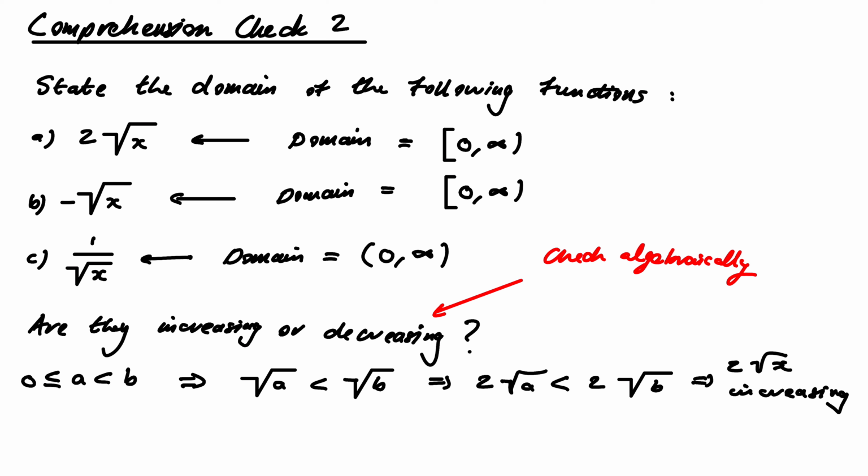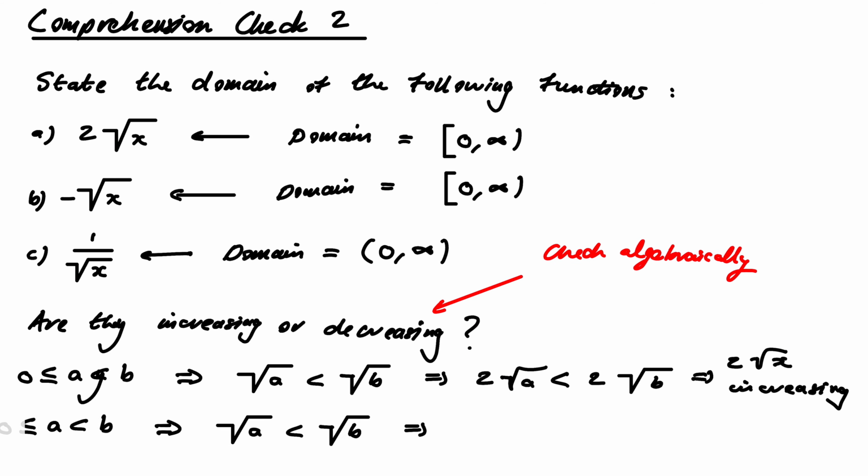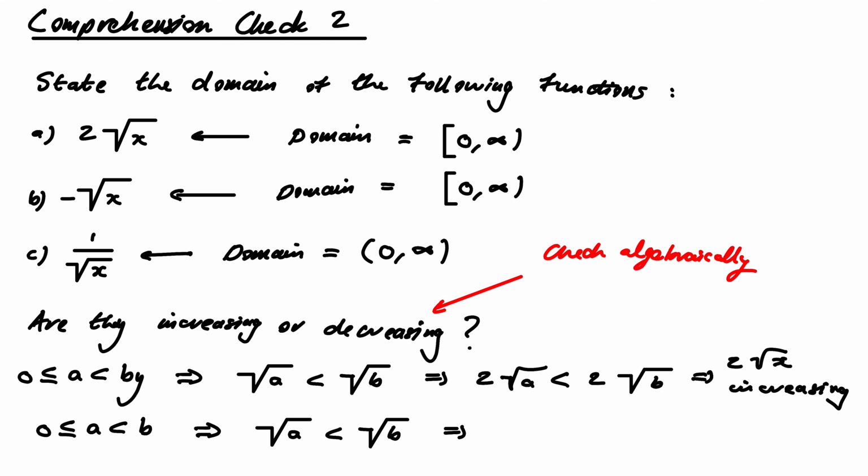It's almost exactly the same, except you're suddenly going to switch, aren't you? So what's going on there? In this case, well, if I take negative of both sides, what does it do? It's going to turn it around.